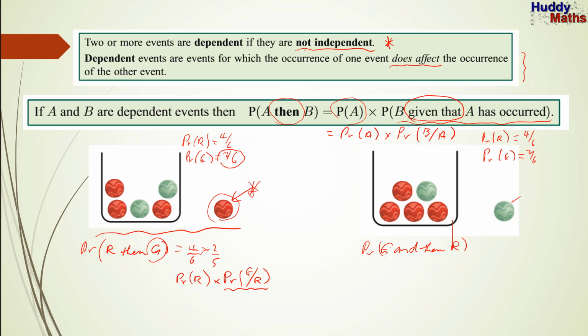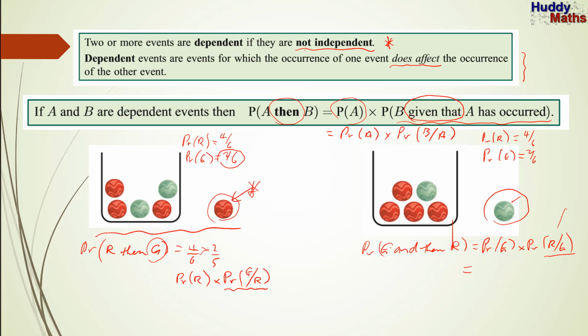But we drew out a green. So now the probability of that green times the probability of a red, adjusted for having a green in the first result. That's the probability of a red given that a green has been taken.